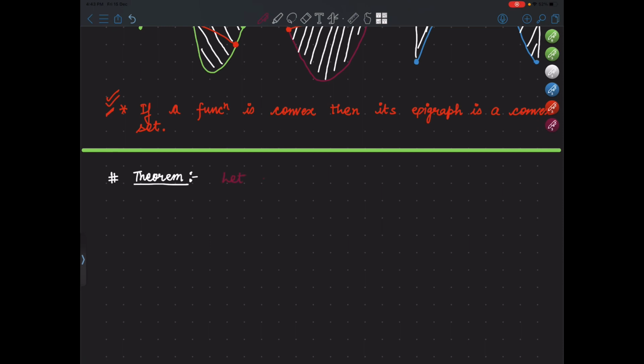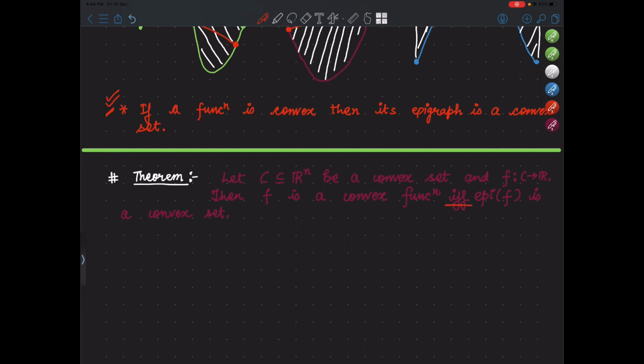Let C be a subset of R^n, a convex set, and f be a function from C to R. Then f is a convex function if the epigraph of f, denoted by epi f, is a convex set. Just to correct my mistake, this is if and only if.